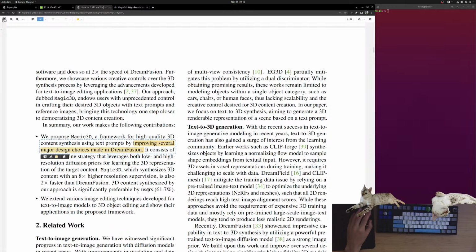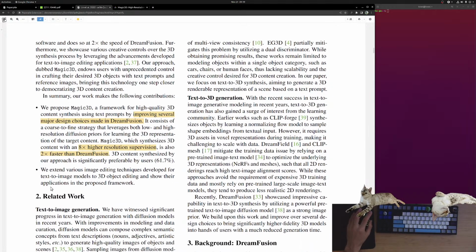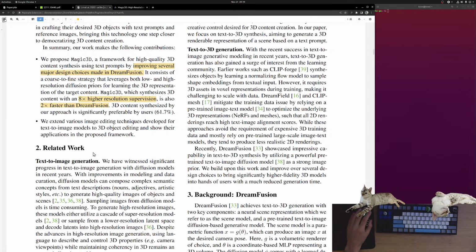Okay. 8 times higher resolution and 2 times faster. And then they extend various image editing and do it in 3D.